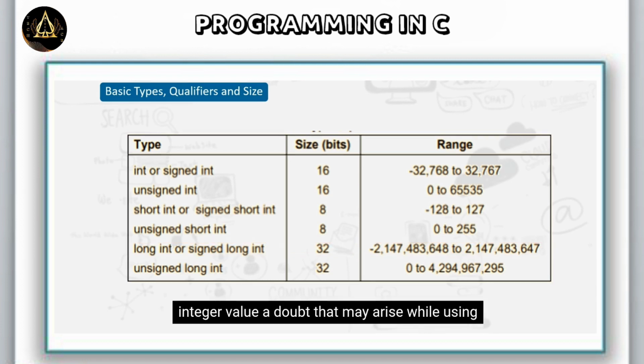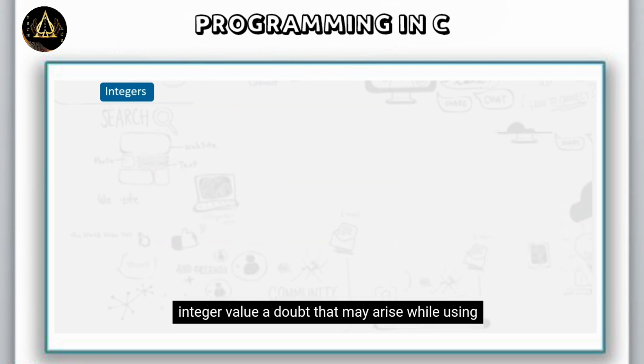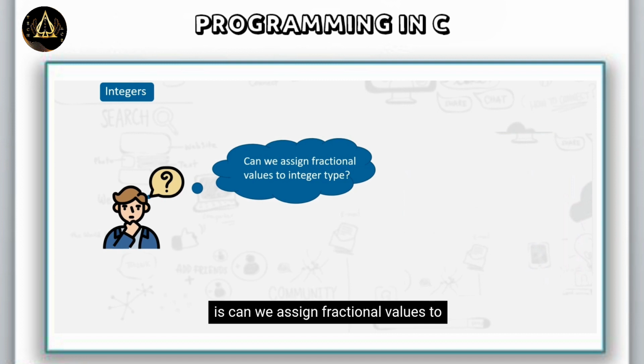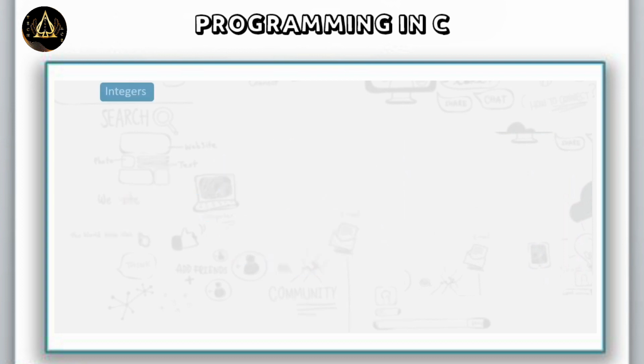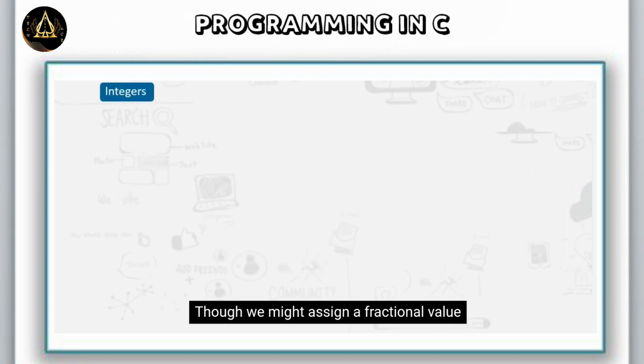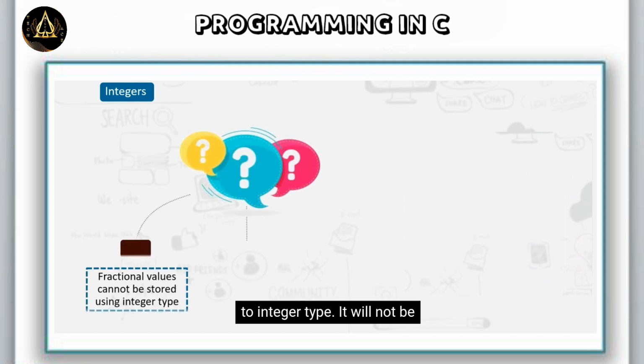A doubt that may arise while using these integer values and fractional values is, can we assign fractional values to integer type, or can we store fractional values into integer type? Though we might assign a fractional value to integer type, it will not be stored in memory as a fractional value, but it will be truncated.